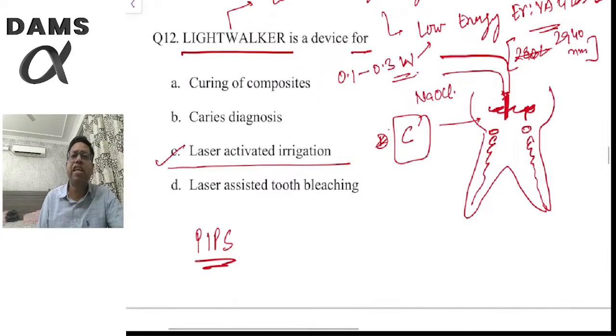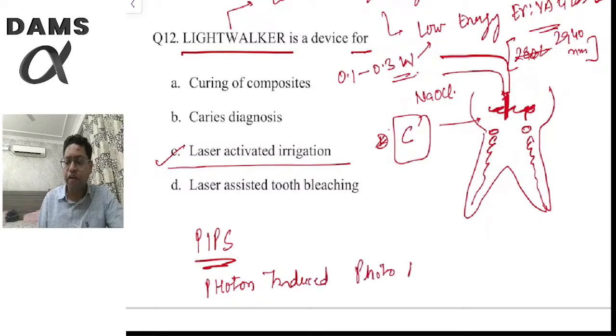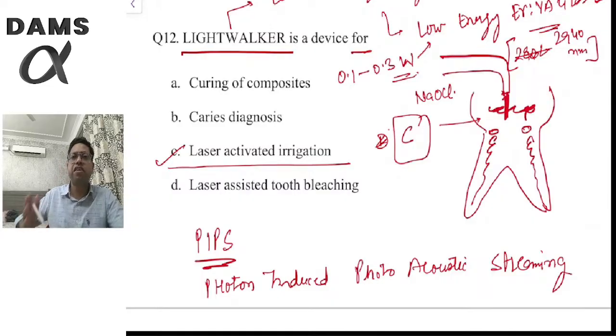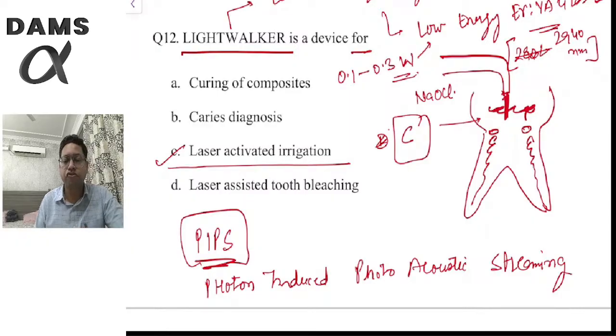PIPS. The technique is called PIPS, that is photon induced photoacoustic streaming. Photon-induced photoacoustic streaming. This phenomena of agitation of liquid inside the root canal by way of laser energy is called PIPS, photon-induced photoacoustic streaming.